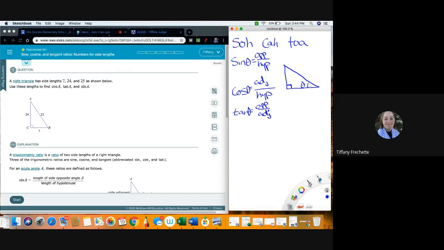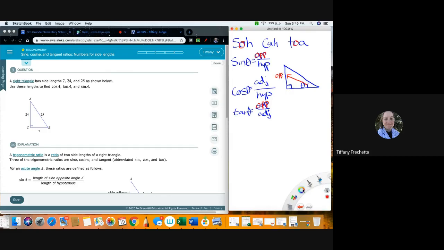So if I'm looking at this angle and I'm saying opposite, I'm going to change my color up here. All these opposites, I'm going to put in red here. All right. So opposite means I look at the angle and I go to the side that's opposite. So this is opposite.